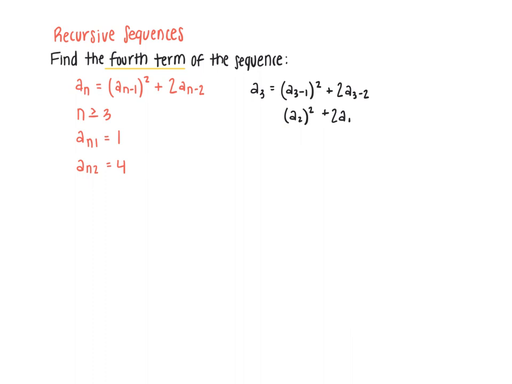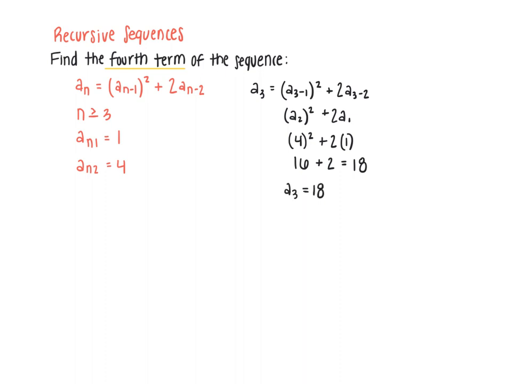So we know the value of a2, and we know the value of a1. So a2 is equal to 4. So 4 squared plus 2 times a1, which is just 1. So this becomes 16 plus 2, which is equal to 18. So we know that a to the third is equal to 18.